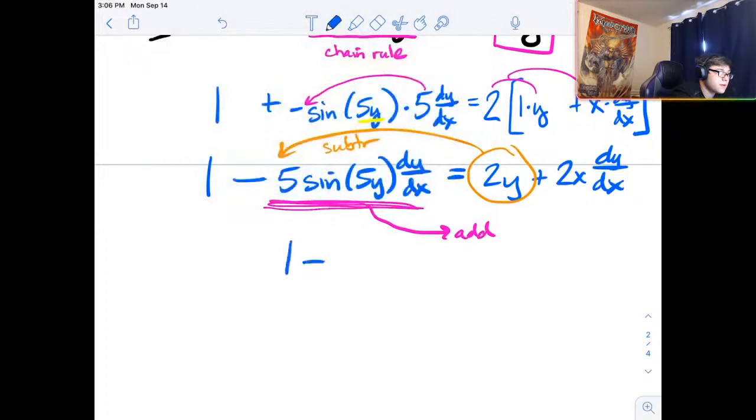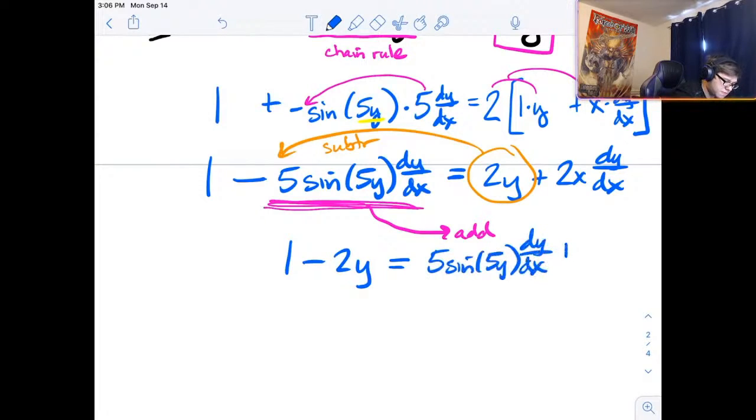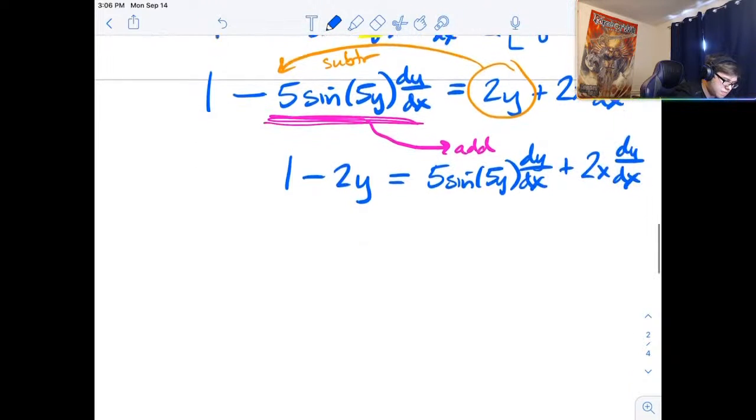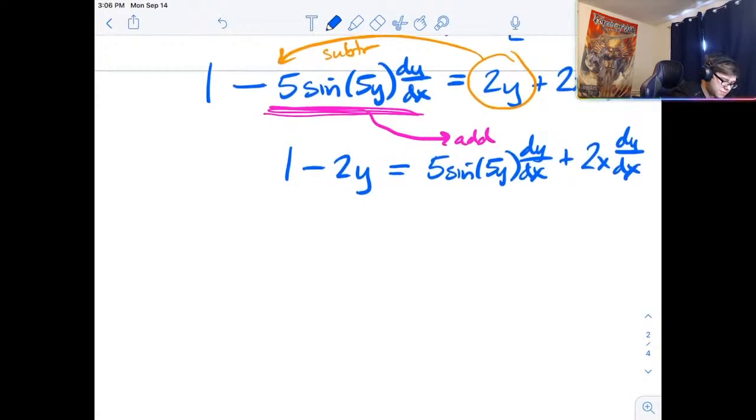So subtracting over the 2y this direction, and adding the 5 sine of 5y dy dx over this direction, right? It allows us to organize our equation so that the dy dx's are all on one side and everything else is on the other side.